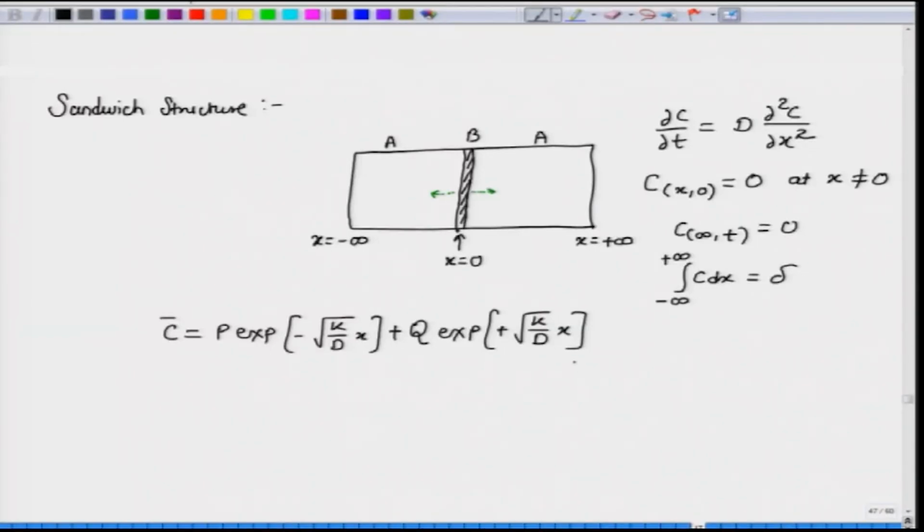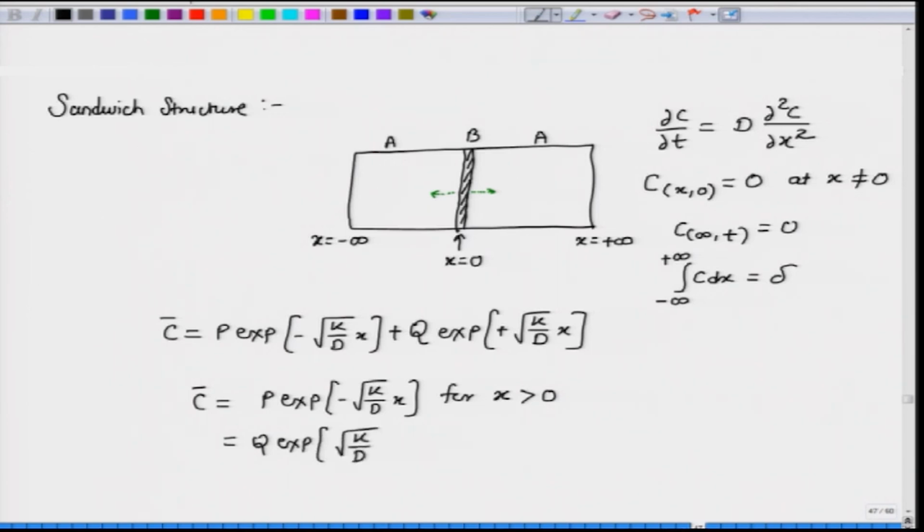Similarly, for positive values of x, the second part should not be there, right. So, we can write C bar is actually p exponential minus root k by D x for all x greater than 0, and it is equal to q times exponential plus root k by D x for all x's less than 0.